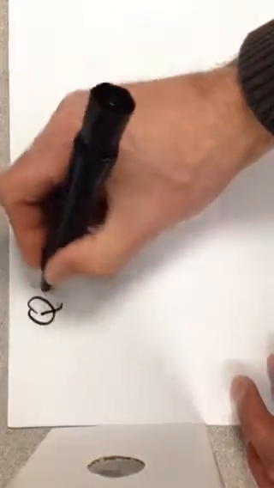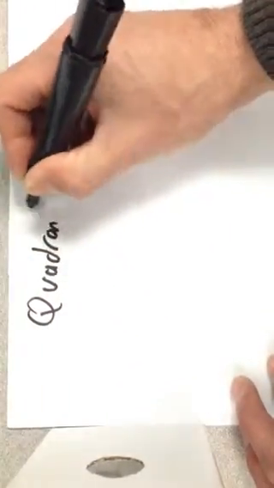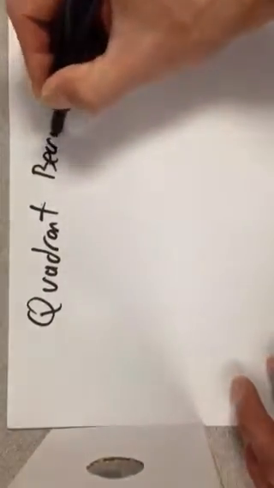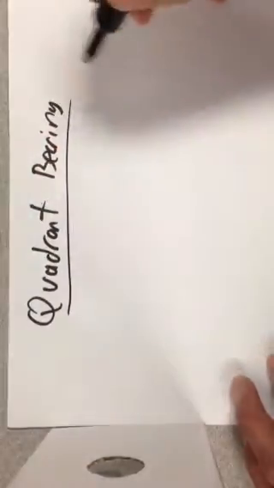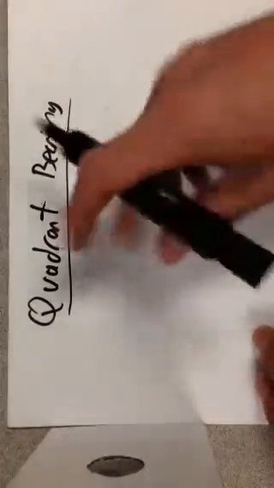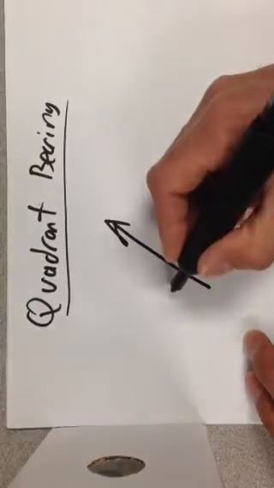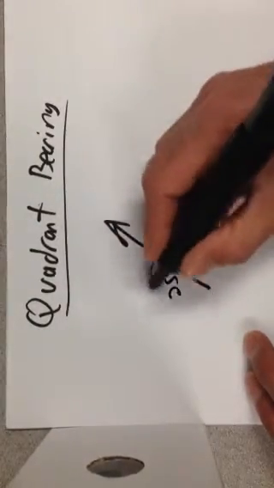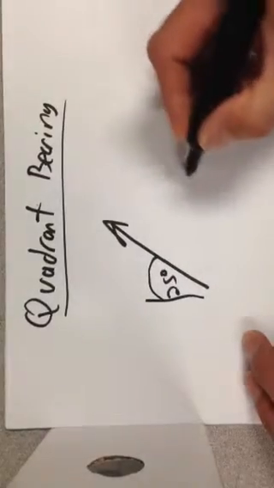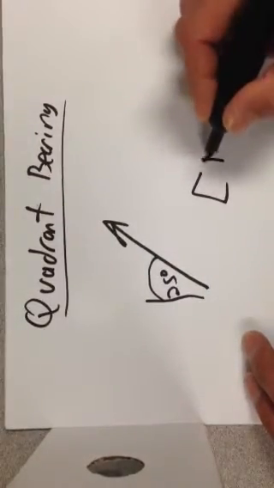Another way you'll typically see in the book is a quadrant bearing. And a quadrant bearing makes reference from north, south, east, and west. So again, looking at vector v, it's 25 degrees to the right. We would call forward north.